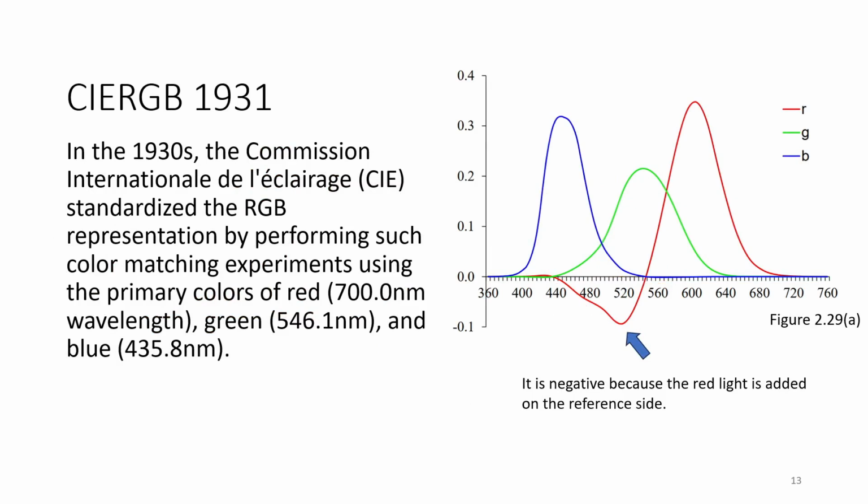Let me show you another example. Say you have a color generated by a wavelength around 600 nanometers.